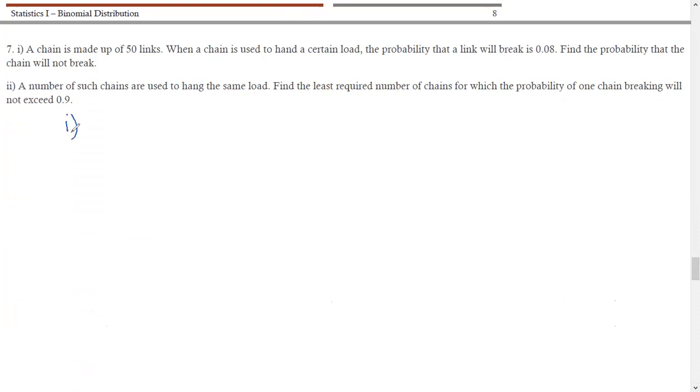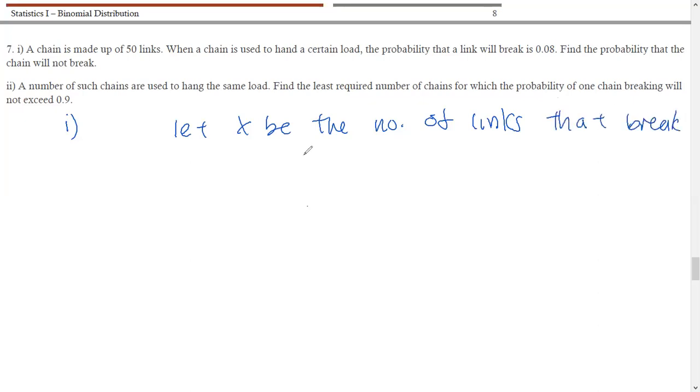Okay, so for part 1, we define let x be the number of links that break. So x will follow a binomial of 50 links and 0.08.